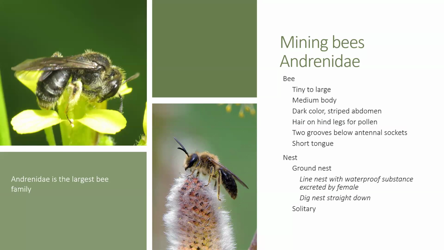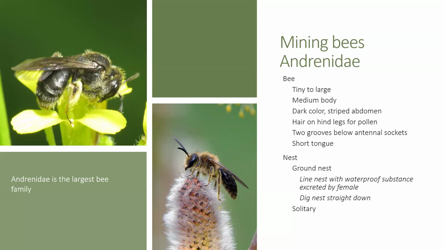But the mining bees are going to have a medium body shape, typically dark in color, usually dark brown to black, and they often have a striped abdomen. If you look closely at the picture in the upper left-hand corner, that stripe is usually the hairs that you're seeing on their body. When you use a dichotomous key to identify these, they have two grooves below their antennal sockets.